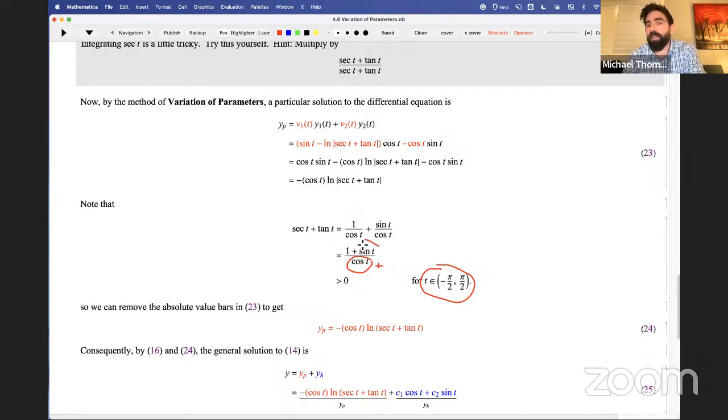But if we add 1 to it, now it's between 0 and 2, which is positive. So both the top and the bottom are positive on this interval. So what that means is secant t plus tan t is always positive in that interval, which means we can drop the absolute value bars so that we can write our particular solution this way.